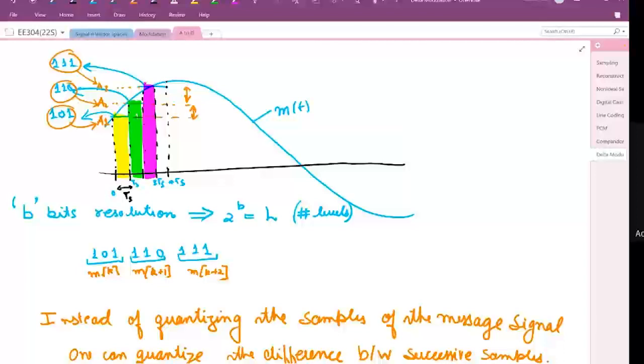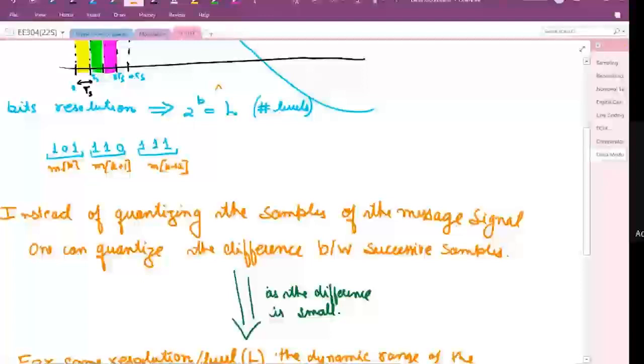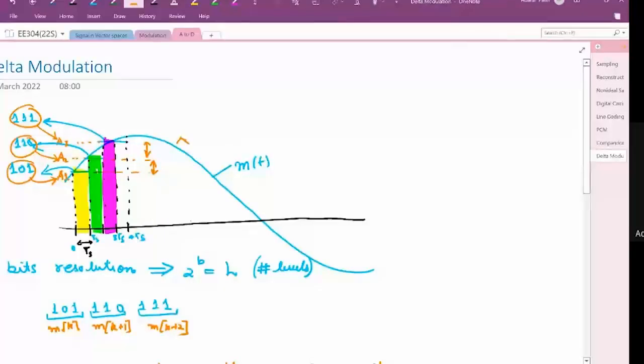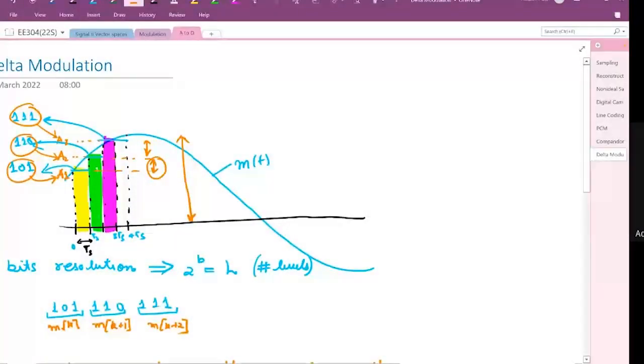But in this method, what is the problem? We will have a higher number of bits for storing the data. So instead of encoding this complete level, we only encode this portion, the difference.